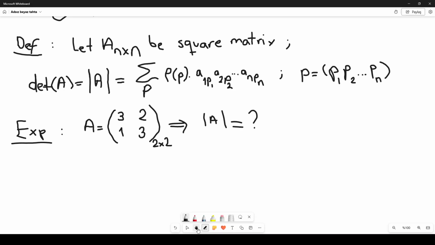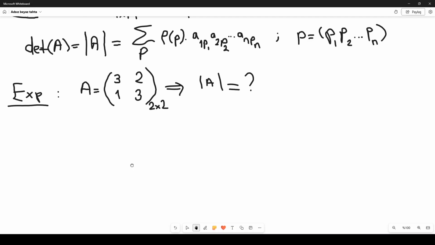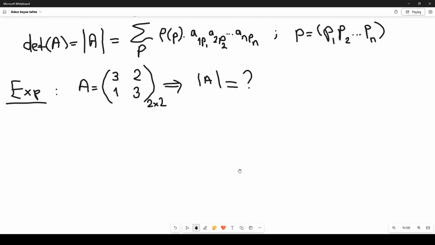But starting with the definition is very important for us, because we will not only produce some formulas, but also make some key observations before proceeding with the more advanced techniques to find the determinant of a given square matrix. Now let's apply the definition and see how it works.